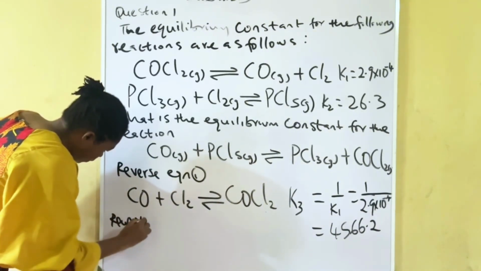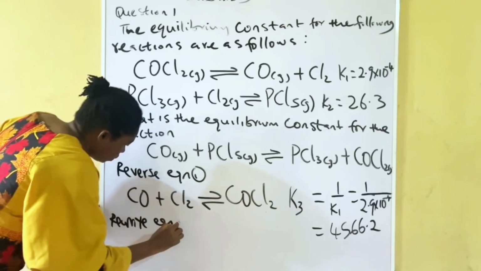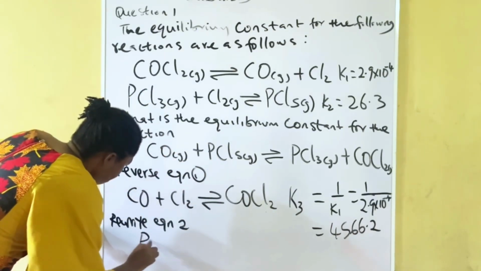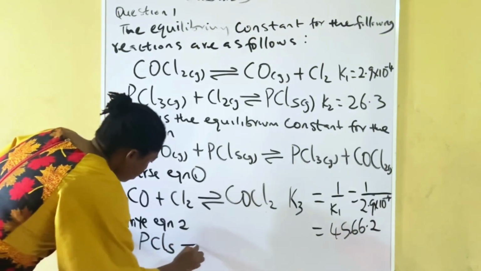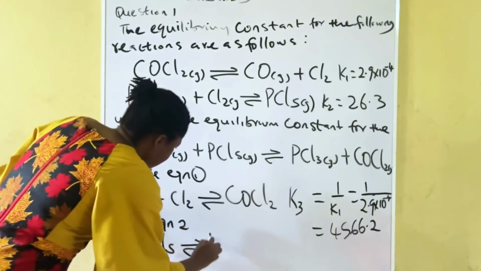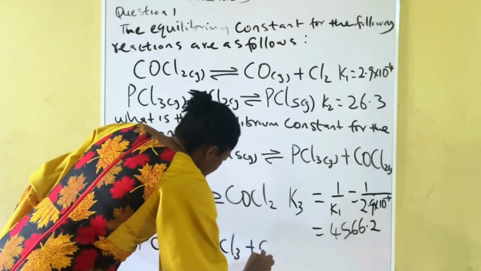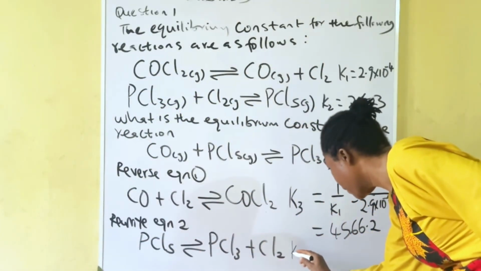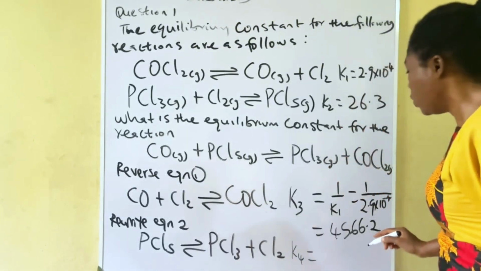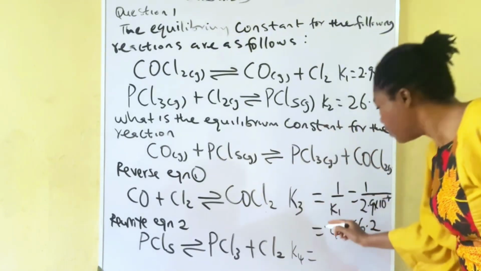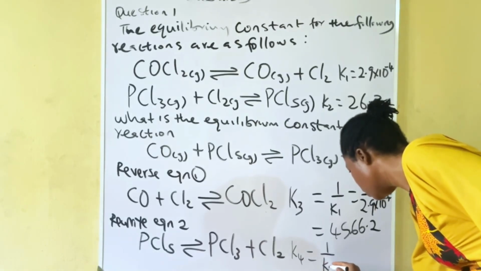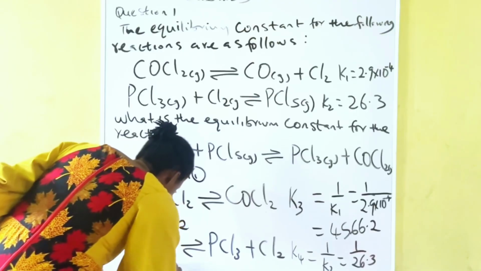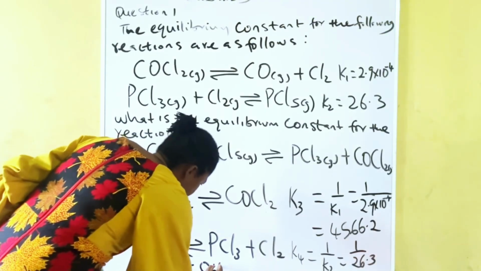Rewrite equation 2. So you have PCl5 reversible reaction giving PCl3 plus Cl2. We can call this one K4. K4 is the inverse of K2, which is equal to 1 over 26.3. K4 is equal to 0.038.